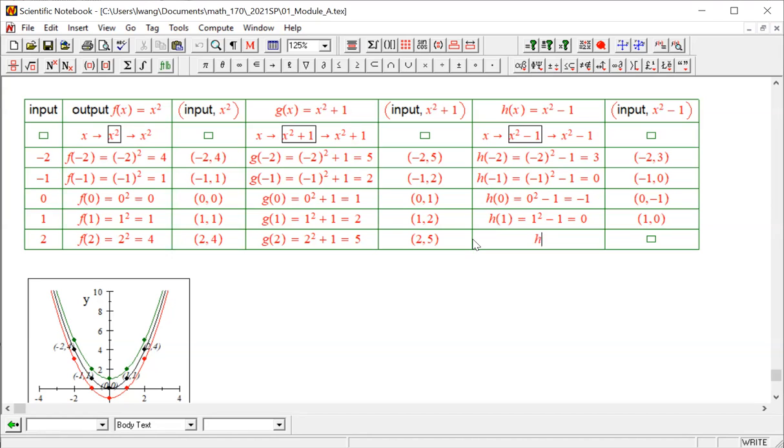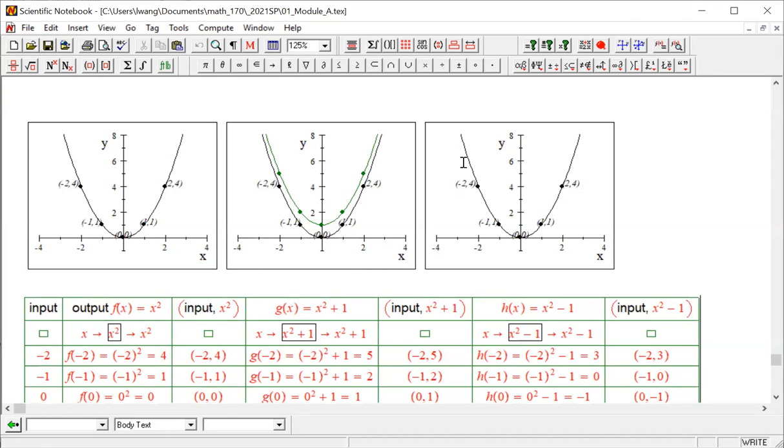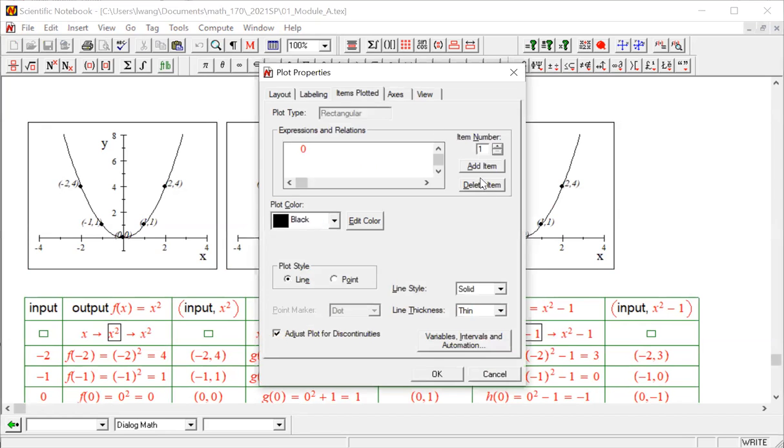For 2, that's going to be 2 squared minus 1, which equals 3. So we get 2, 3. If we put all of these points along with x squared, then we'll see what happens.